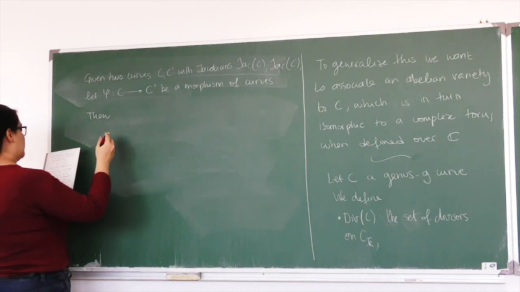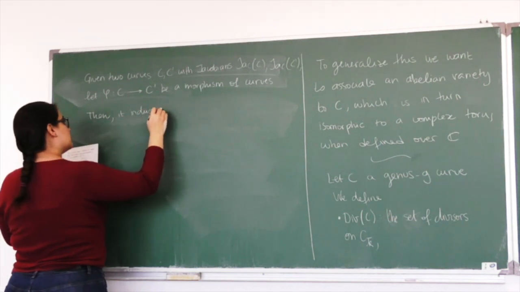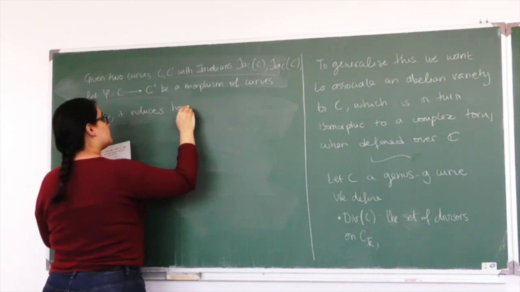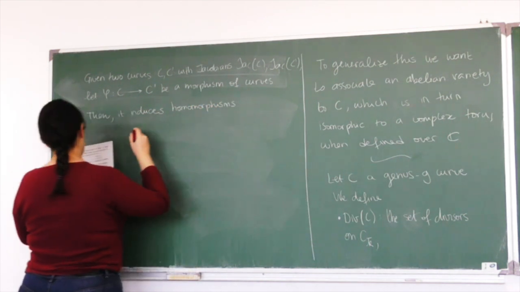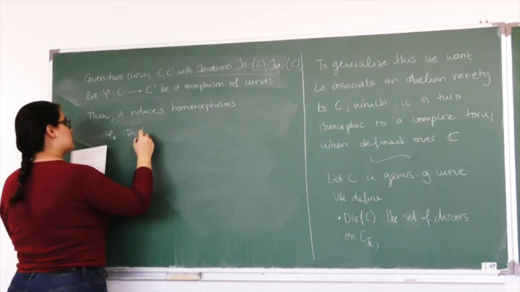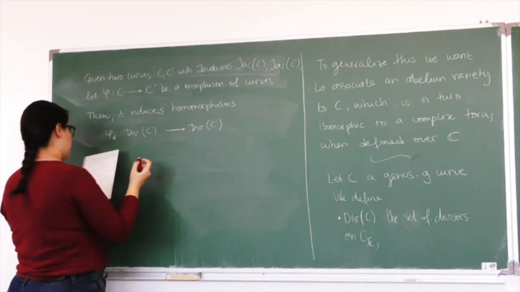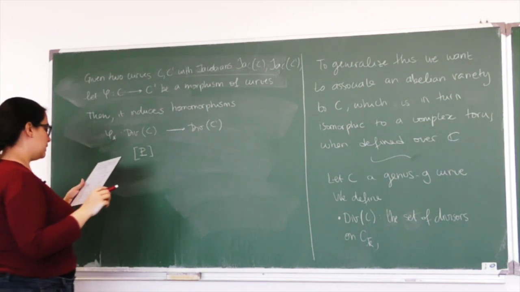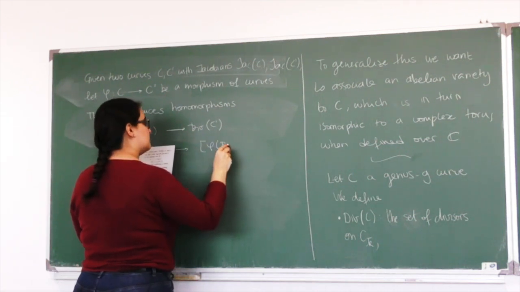So basically it induces homomorphisms phi lower star that goes from the divisors of C to the divisors of C prime by just taking a point, the class of a point, and mapping it to the class of its image by the morphism.